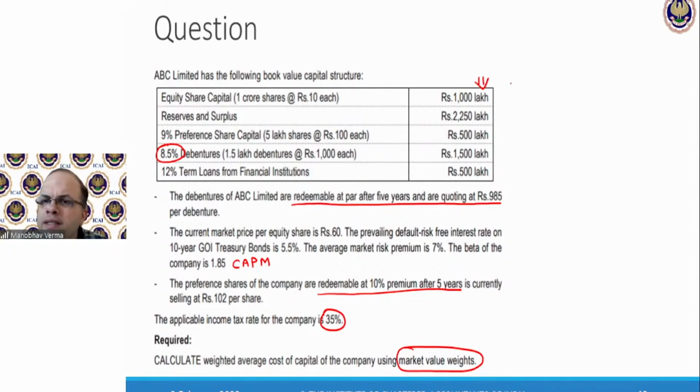So what is the formula you are using for this, guys? I think 8.5 into 1 minus 0.35 plus, it's again existing debentures, 1000 minus 985, I guess, upon 5, and the whole divided by the average.